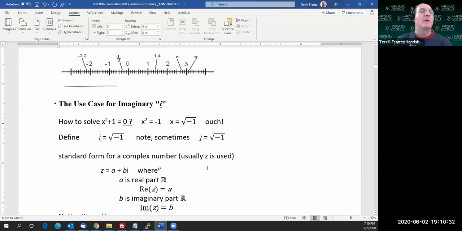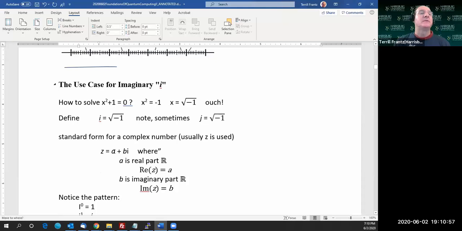As we talked about before, a complex number has a real part, a, and an imaginary part, b, where the complex number z, for example, is a plus b times i. So a plus b times the square root of -1.